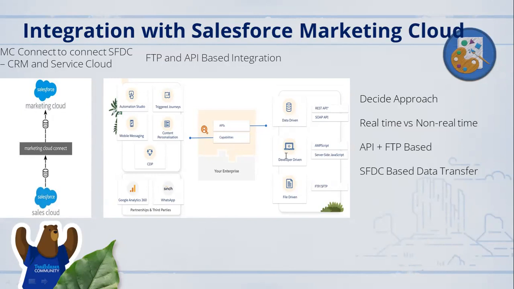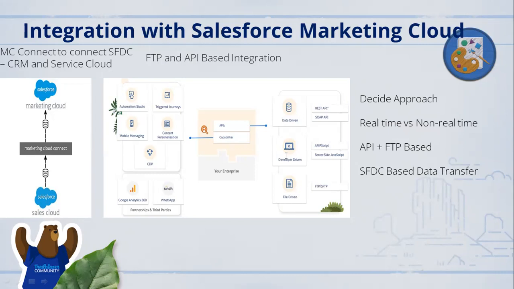Then you have an option of FTP-based integrations, where you build your automation flows, the file gets dropped on your FTP, and that data gets ingested into Marketing Cloud. So there are three options for integrating Marketing Cloud: either the connector, the FTP, or the API.